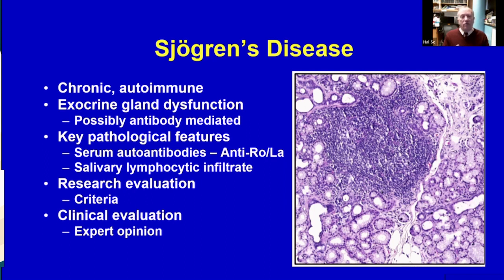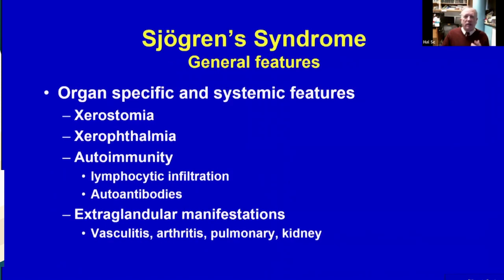Research evaluation is a different entity than clinical evaluation, and for research evaluation, there are criteria. For clinical diagnosis, there's really expert opinion. And so what are the general features of Sjogren's? Of course, there's the xerostomia, the xerophthalmia, the sicca symptoms.